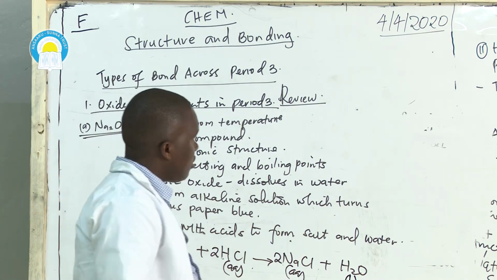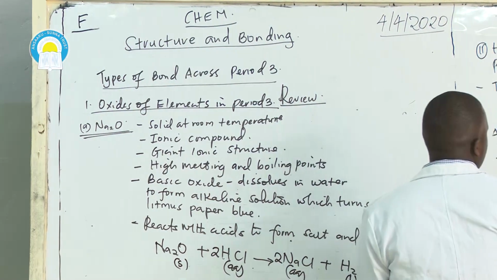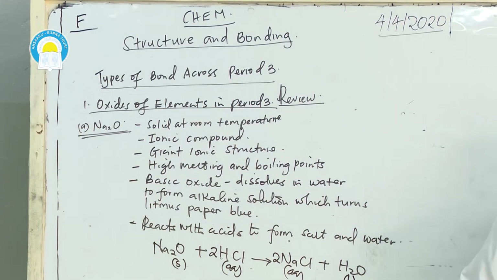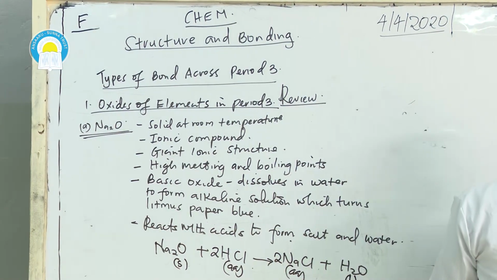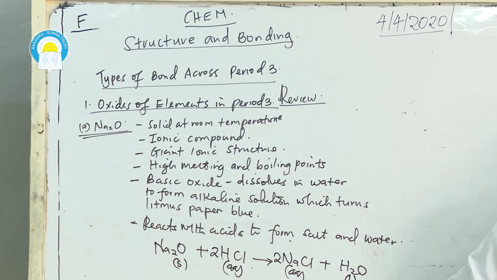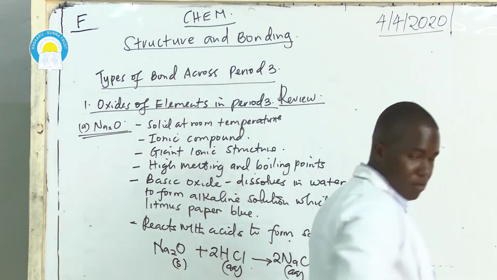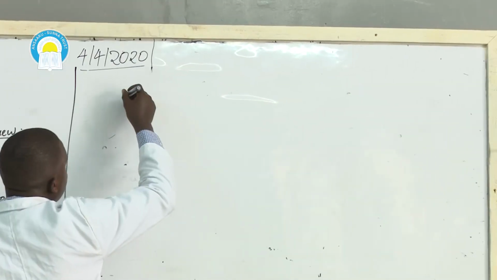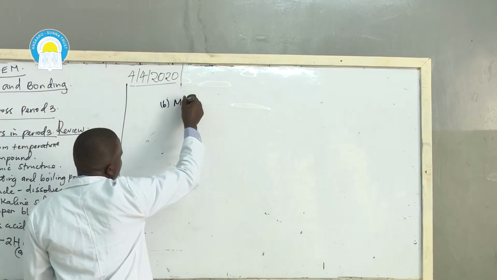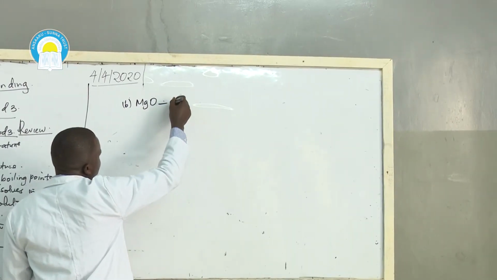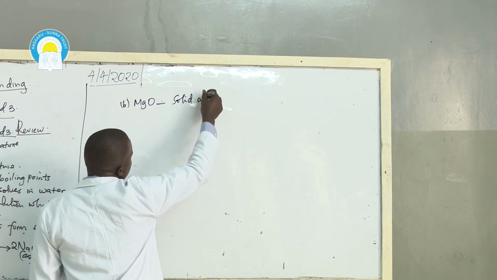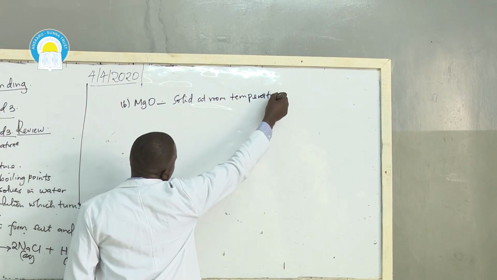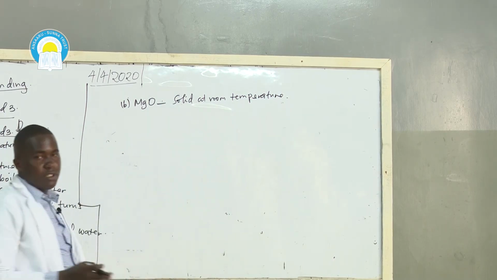The next oxide that you want to look at is magnesium oxide, which is now B. This one is also solid, because it is a white solid at room temperature.